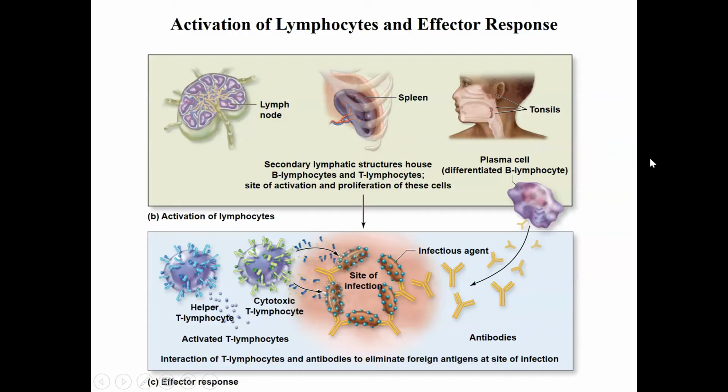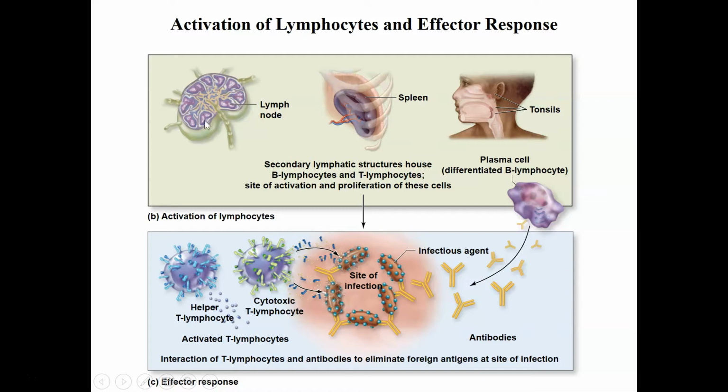All right, this is the last slide, which summarizes lymphocyte activation and effector response for all of the three cell types we've talked about. The immunocompetent B, helper T, and cytotoxic T-cells reside in secondary lymphatic organs or tissues, such as lymph node, spleen, tonsils, or MALT.